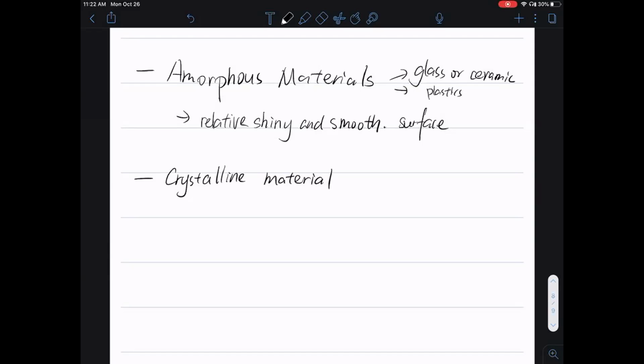So what happens if you break a crystalline material? That means a material has small grains inside. Okay, I give you 2 minutes, talk to each other to think what would happen for crystalline material, where that fracture would occur.